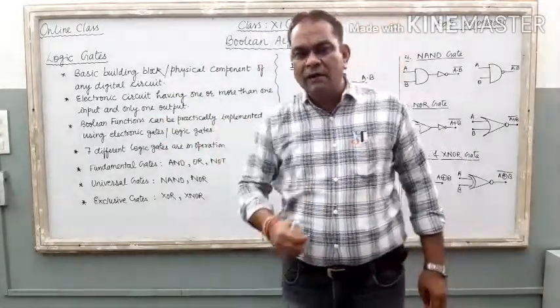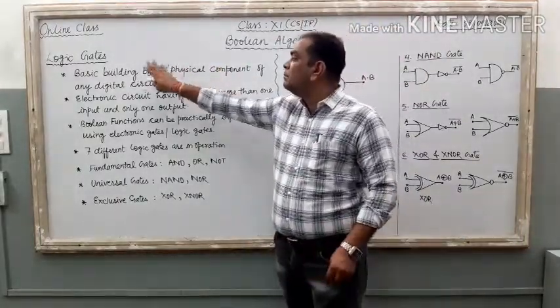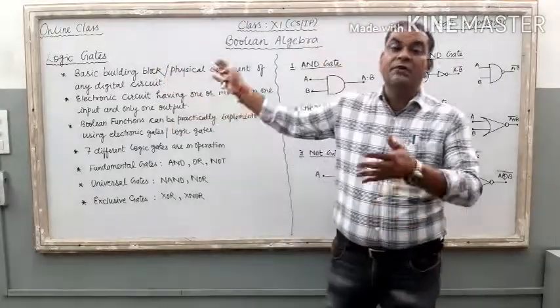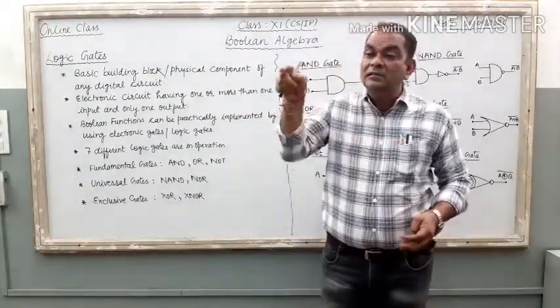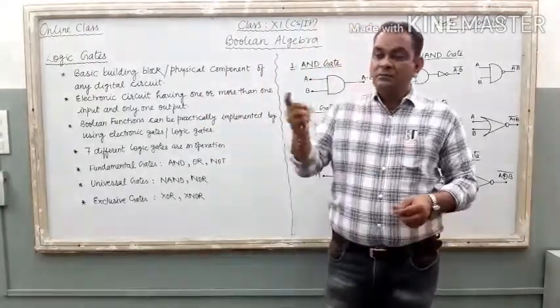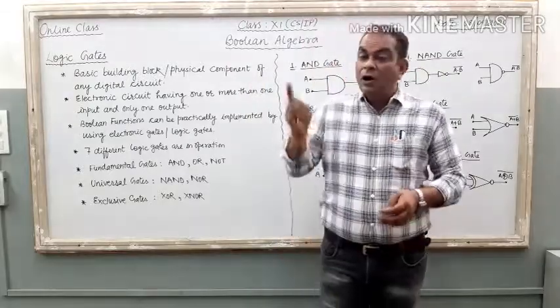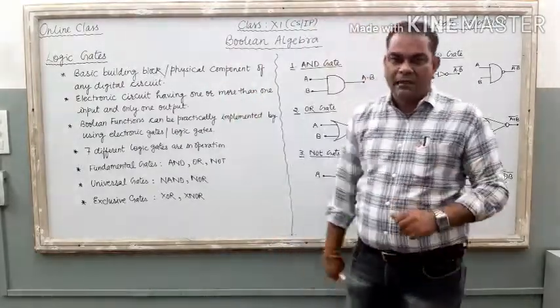It is known as a hardware device. Just like this, logic gates are the basic building blocks, or physical components, that are available inside your computer, on the microprocessor, on the microcontrollers, on the motherboards, on the embedded systems, everywhere.